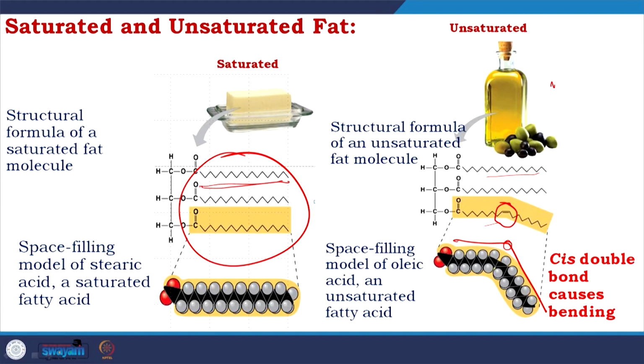Now, here is another very interesting thing to keep in mind: these are called monounsaturated. For monounsaturation, it has the cis double bond and then it has a bend.